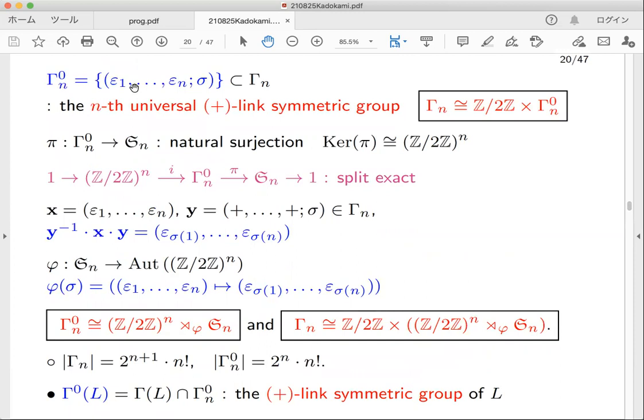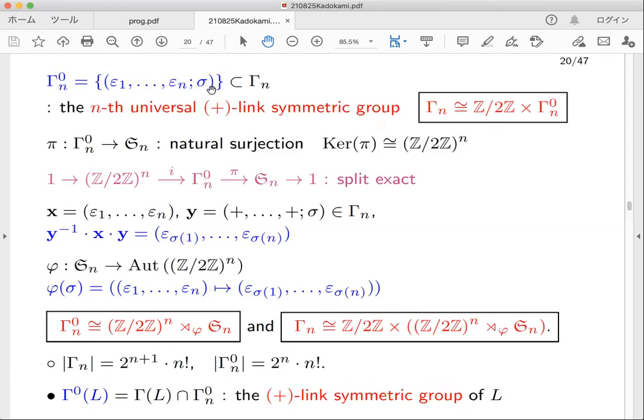We define a special subgroup of gamma n, denoted by gamma n0. That is the kappa equal to plus case. This is an index 2 subgroup, and gamma n is the direct product of Z over 2Z times gamma n0.